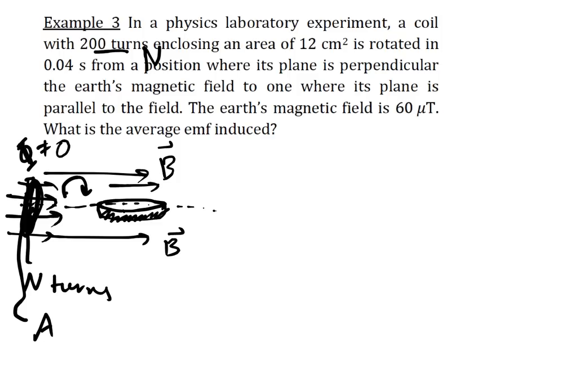In the second case, the plane becomes parallel to the magnetic field, so the flux is zero because there are no field lines passing.